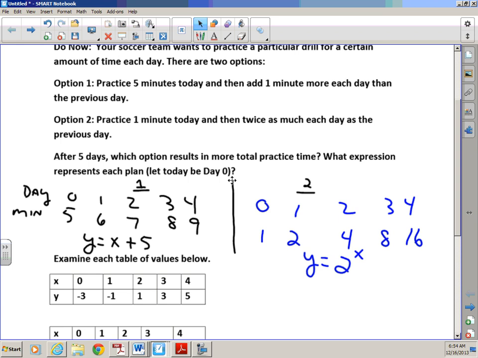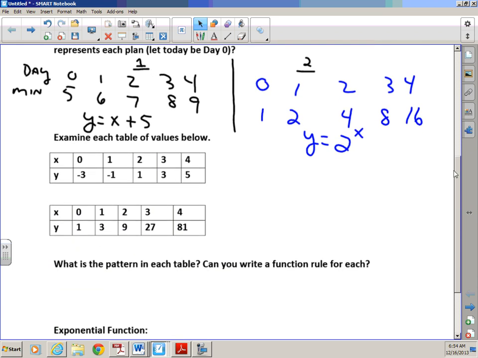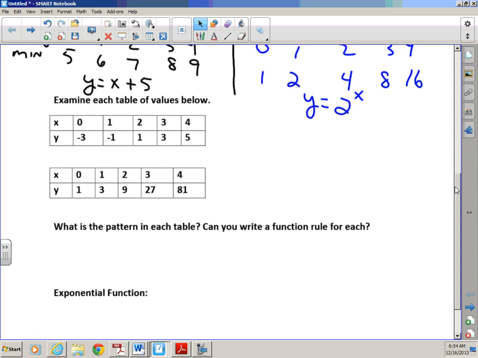Now let's take a look at the table of values here. In the first table, you should be able to see that I have a constant rate of change of plus 2. Constant rate of change is associated with a linear function. While in this one, hopefully you'll see that I have a rate of change of times 3.